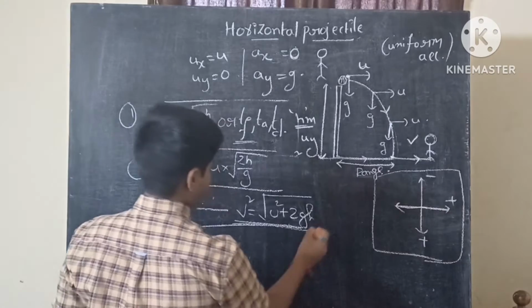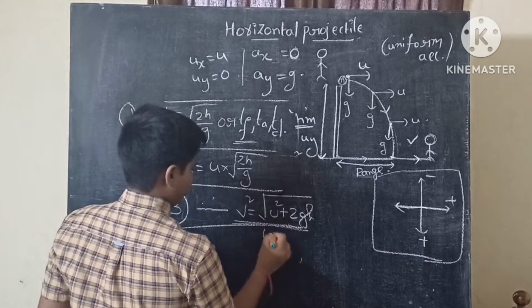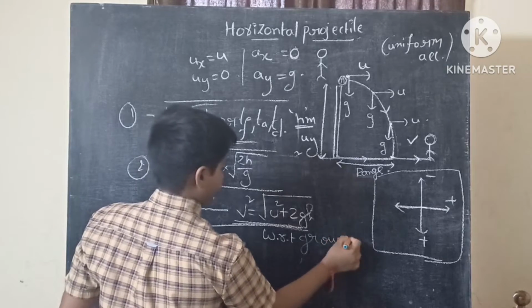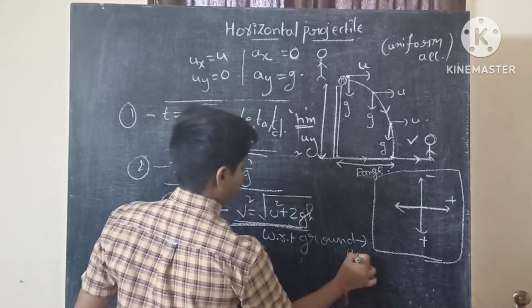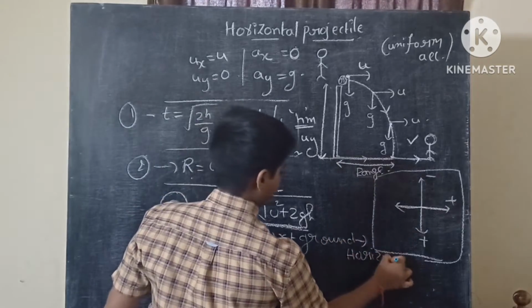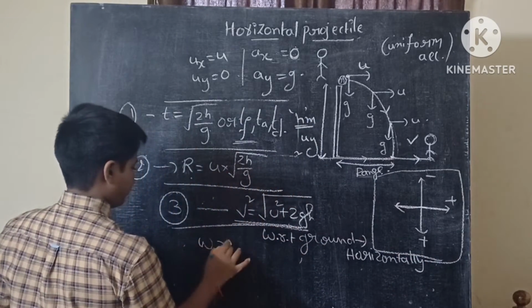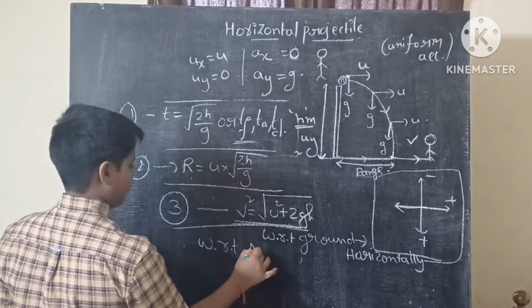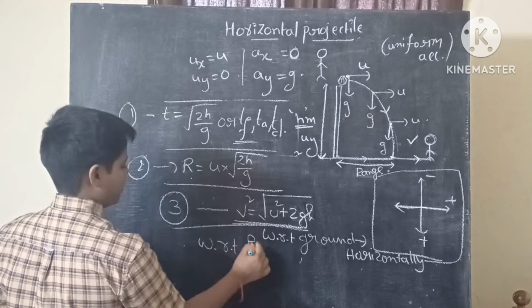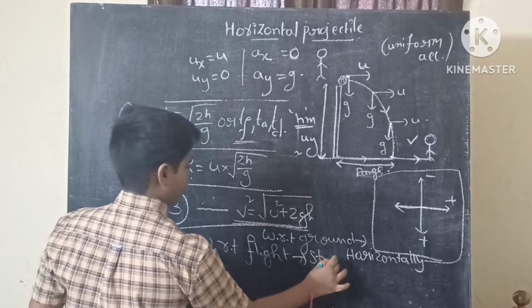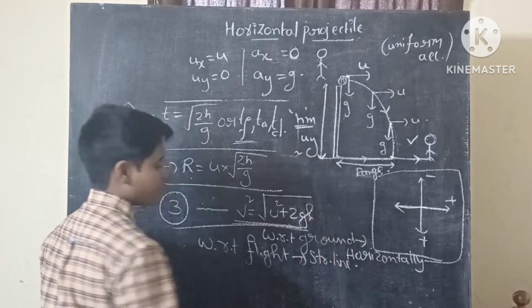So with respect to ground, it travels horizontally, and with respect to air or a flight person, it travels in a straight line.